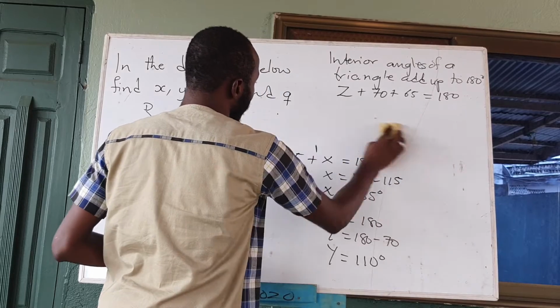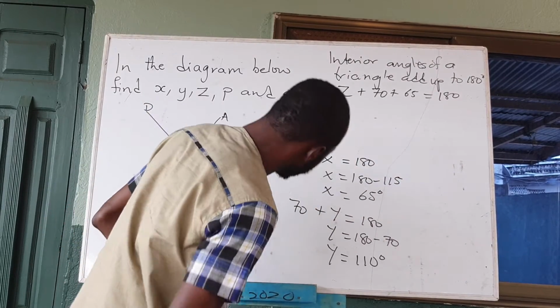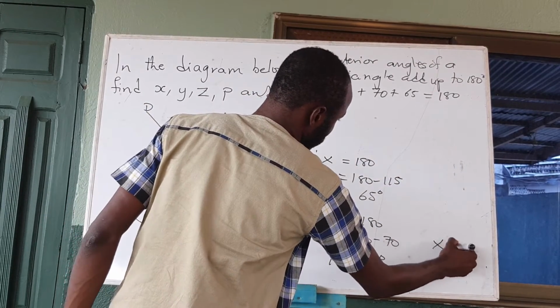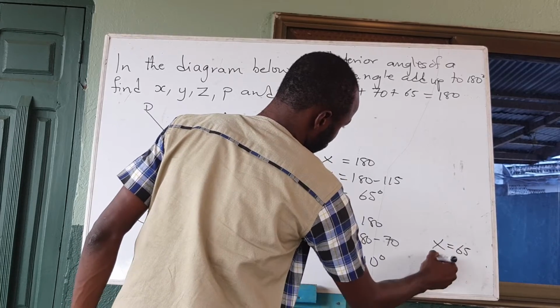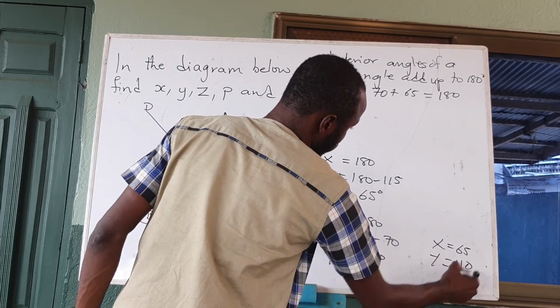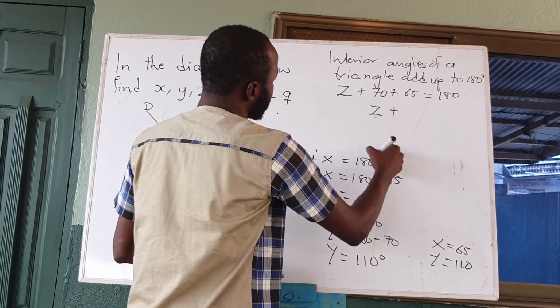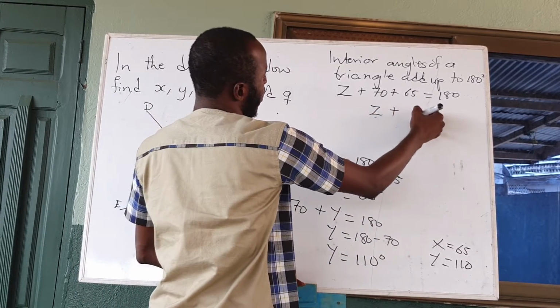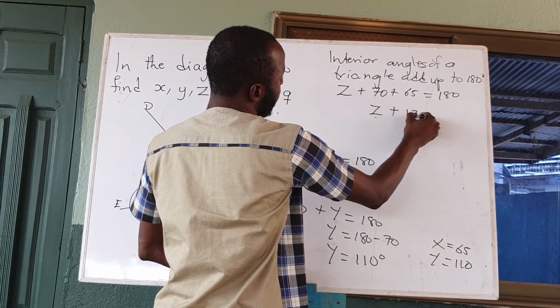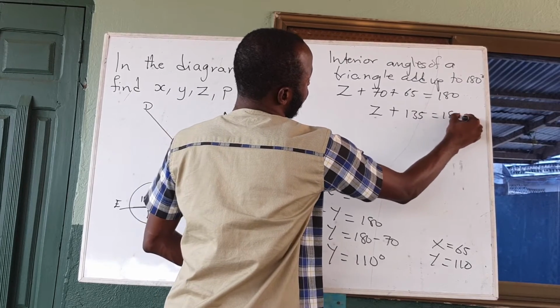So now we have x equal to 65 degrees, and y equal to 110 degrees. Taking the record, now we have z plus 70 plus 65, which is 135, equal to 180.